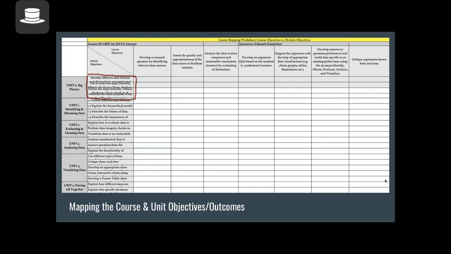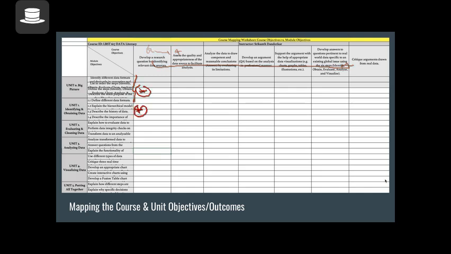So the idea is the same. You start with the question and find an answer. You go through these steps, but you'll reach these course objectives by meeting these unit objectives individually.